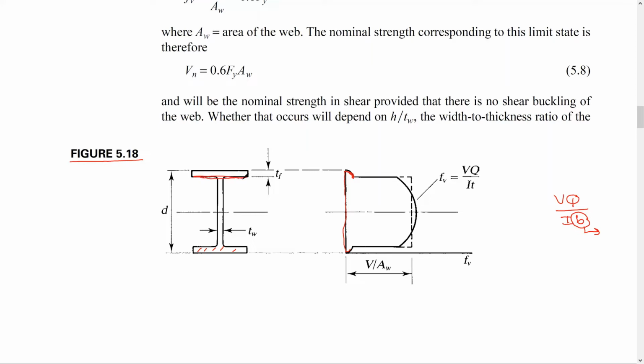Okay, at this point, once we start going through the web, B is going to be very small, which is equal to t. So here we will have a big shear stress, and we'll keep going, and the maximum will be here. This is the maximum value about the neutral axis for this one.